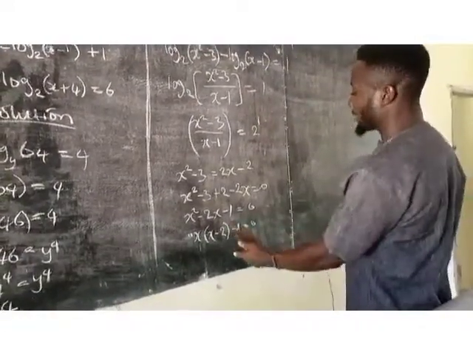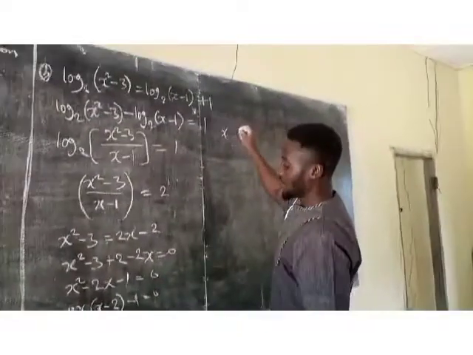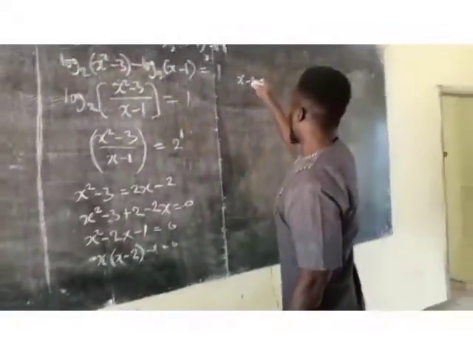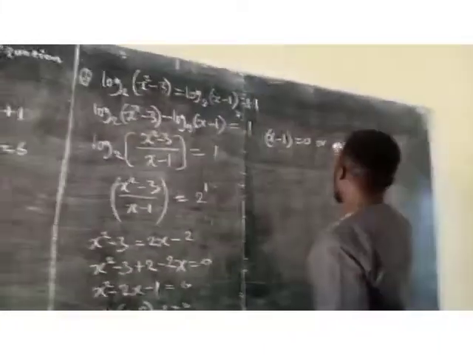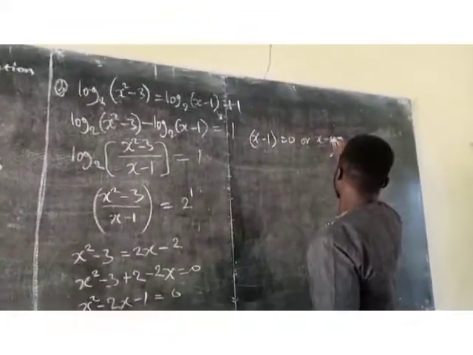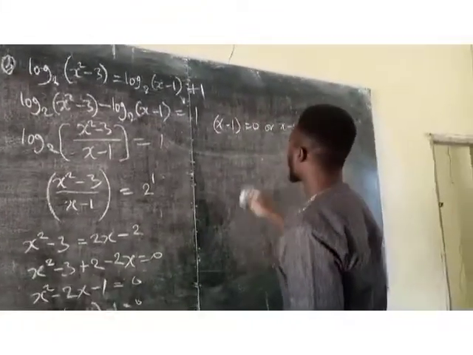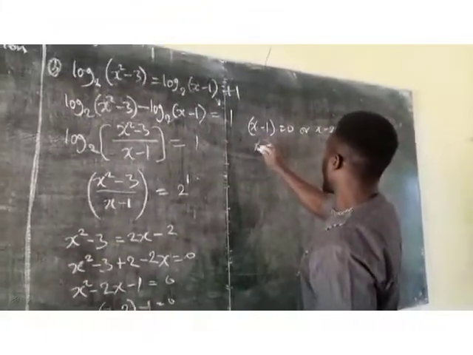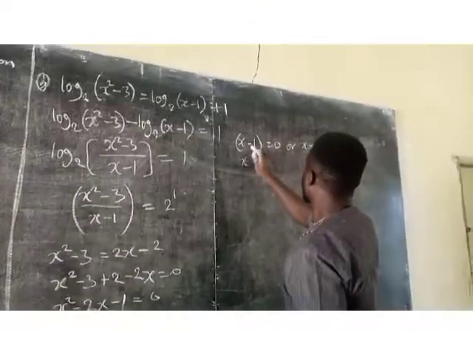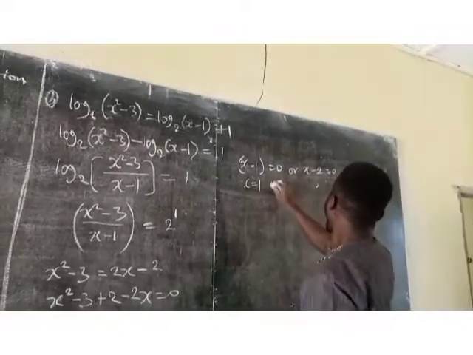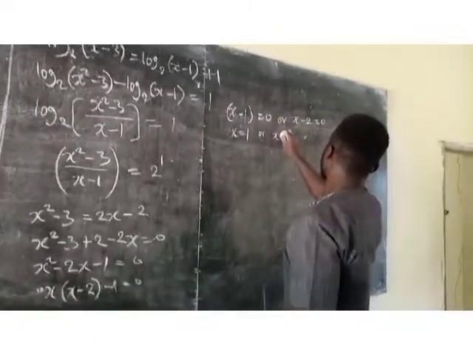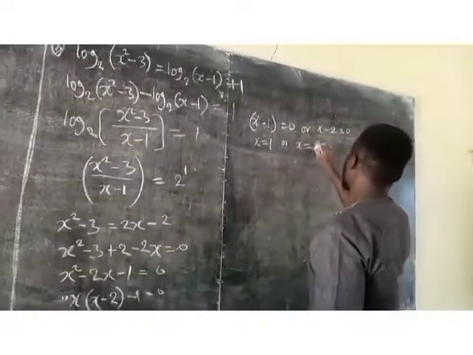So we have x minus 1 will be equal to 0, or x minus 2 will be equal to 0. So from here, taking this one inside, x is 1, or x is equal to 2.